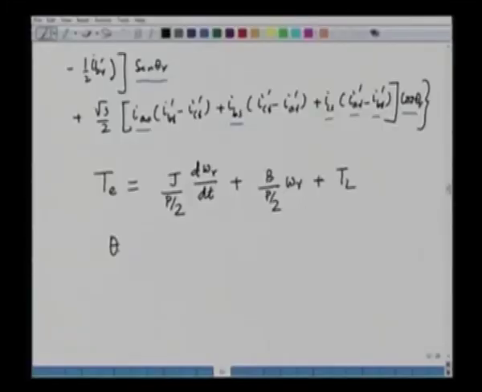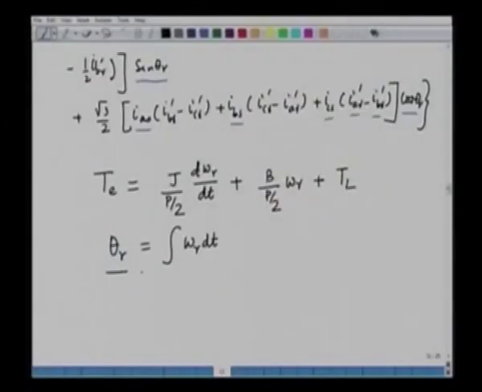Omega r is the electrical speed of the rotor, and theta r can be obtained by the integration of omega r, and this theta r can be substituted back to evaluate the inductance matrix and also the expression for the torque. So, this basically goes in an iterative process, and we have to solve these equations by numerical methods using computers.